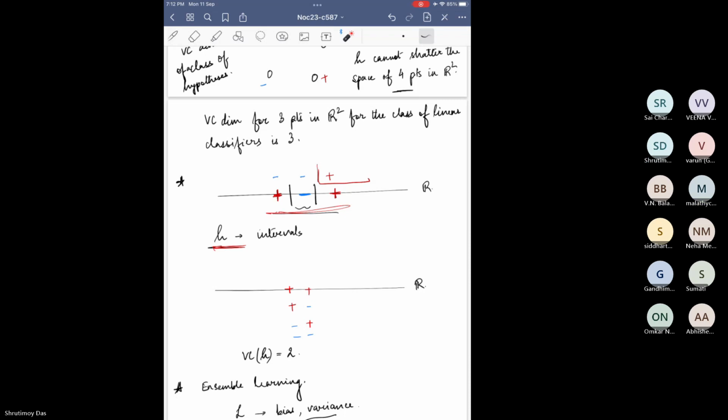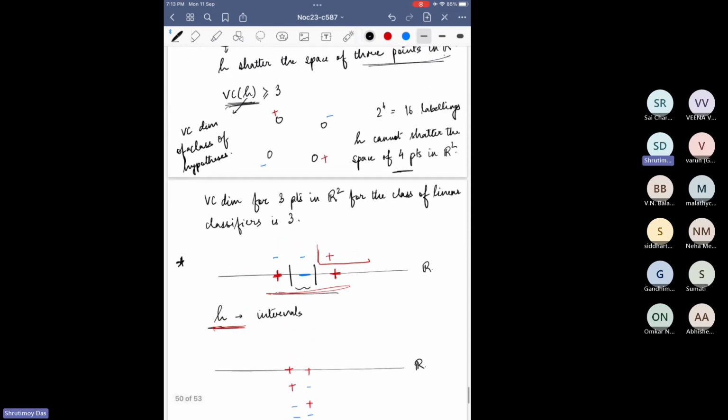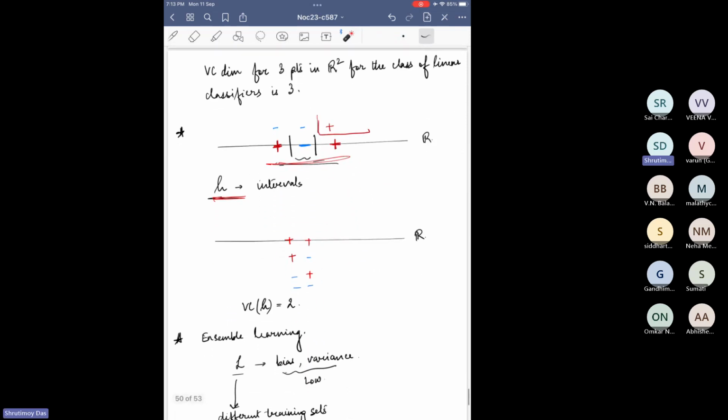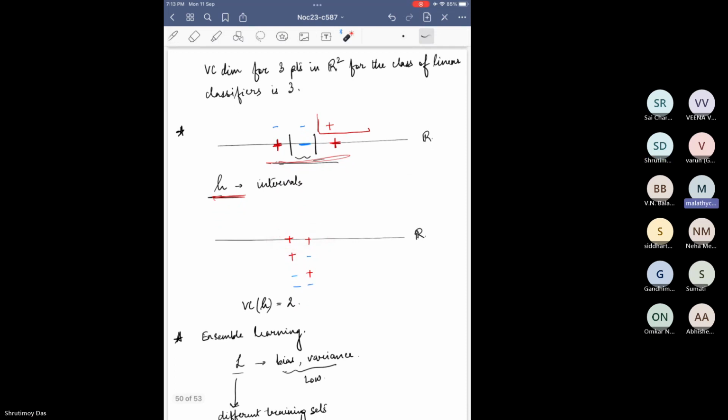Then what does the number of instances mean? Number of instances means here we are taking only 3 points, right? So here the number of instances is 3. Here we are only talking about 2 points. Are the number of instances and VC dimension the same or different?